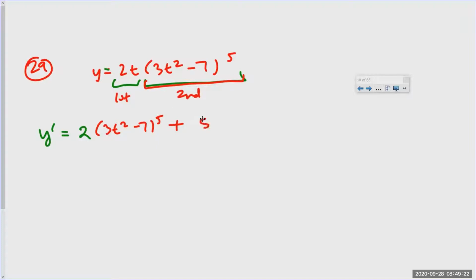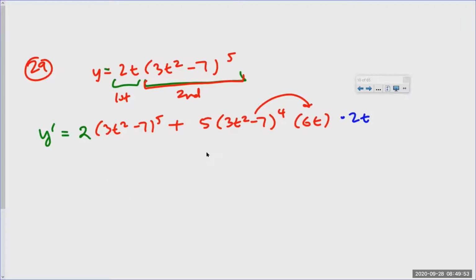That's going to be 5 times, leave the inside alone, bring the power down by 1, and then multiply by the derivative of the inside. Okay? So the derivative of the first times the second plus the derivative of the second times the first. Let me do it in a different color. Okay. Did I make any mistakes so far?